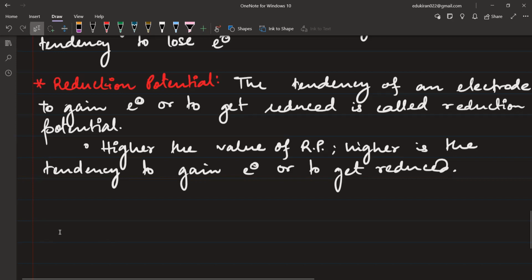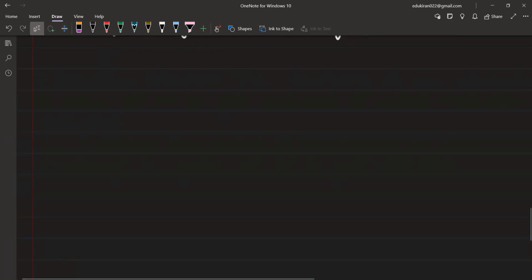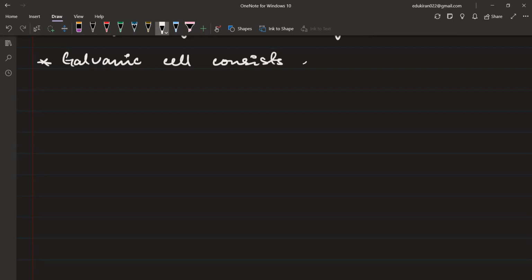Then all of you know, please tell me. Done, sir. Wrote these two. Okay. Now write next point. Galvanic cell consists of two half cells, one in which oxidation is happening and one in which reduction is happening, right?